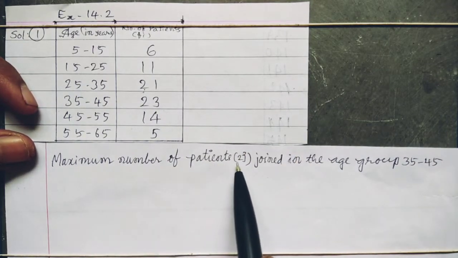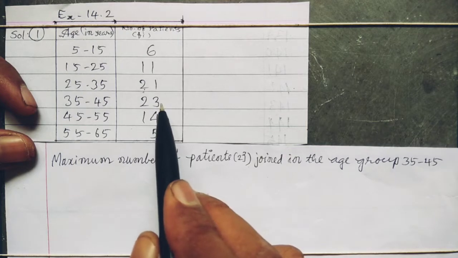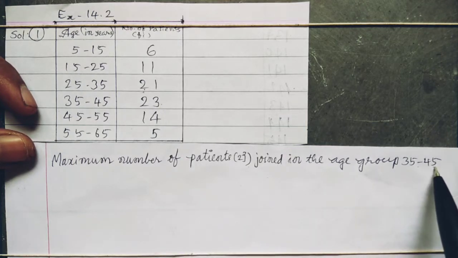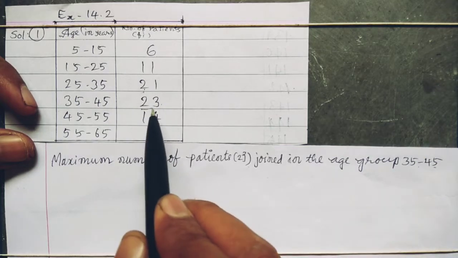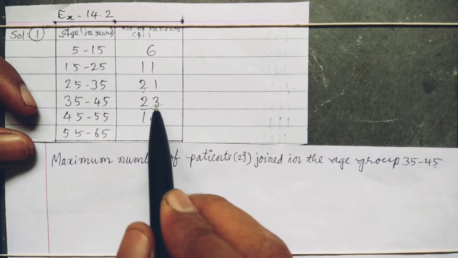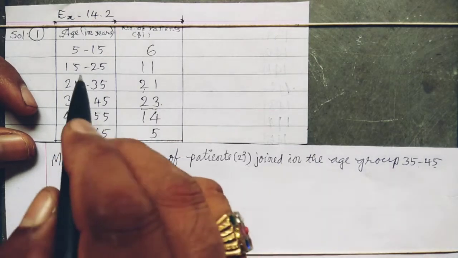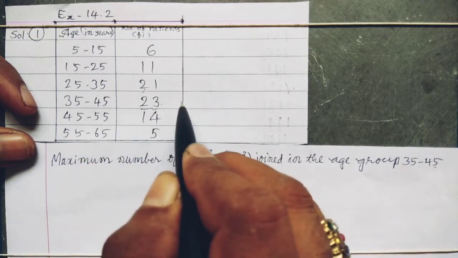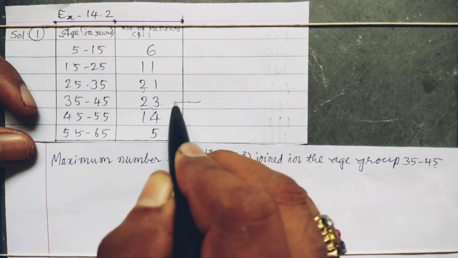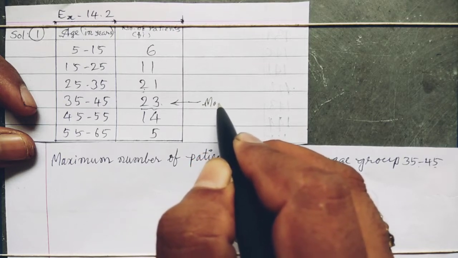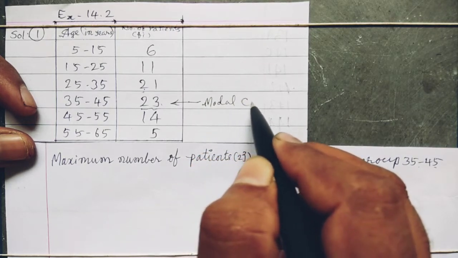Maximum number of patients, 23, joined in the age group 35 to 45. So 23 is maximum in these frequencies. That's why 35 to 45 is called the modal class.